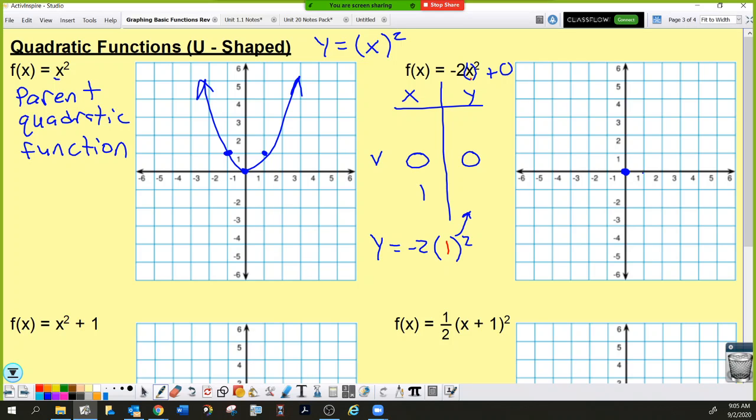The next letter in PEMDAS is E, exponents. So now I do the exponents. I have to handle 1 squared. That just means 1 times itself. It's just 1 times 1, which is still 1. And the last thing I could do is my multiplication, which is going to give me a negative 2. So I can plot the point 1 comma negative 2. That is right here.